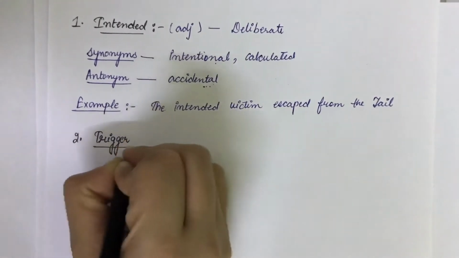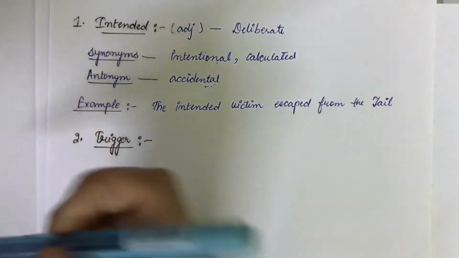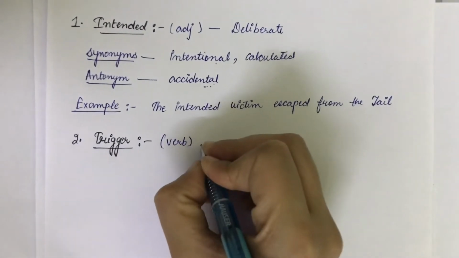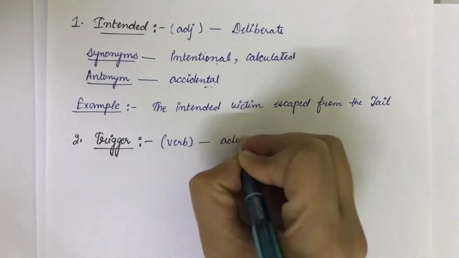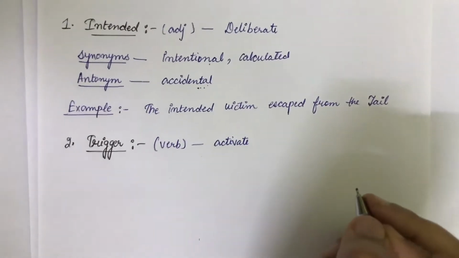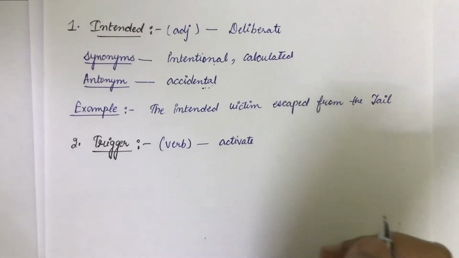So this word is basically a verb. Okay, so what does trigger mean? Trigger means something that is activated. Okay, trigger means activate. To trigger something means to activate something.